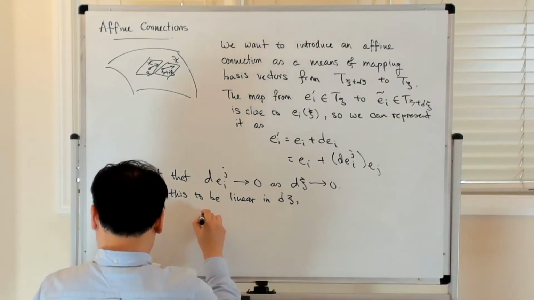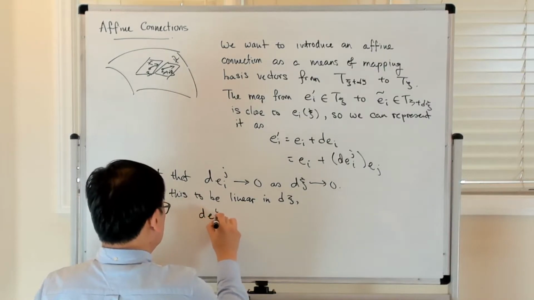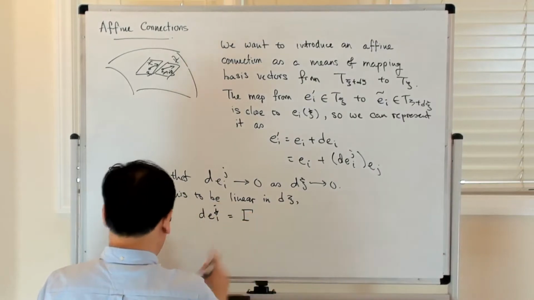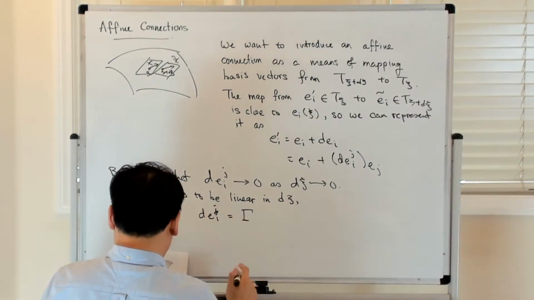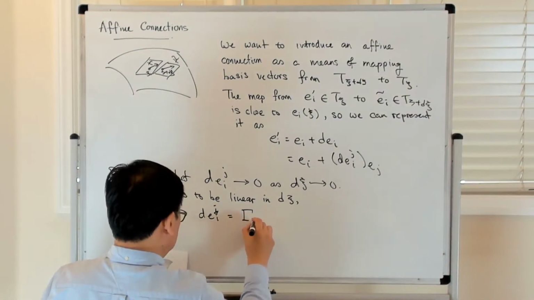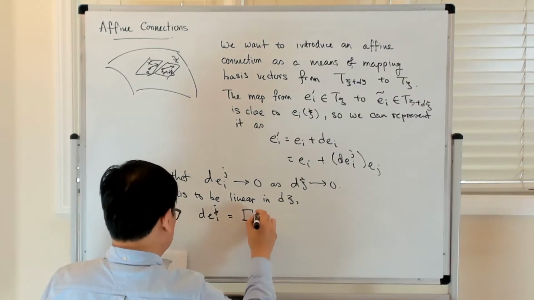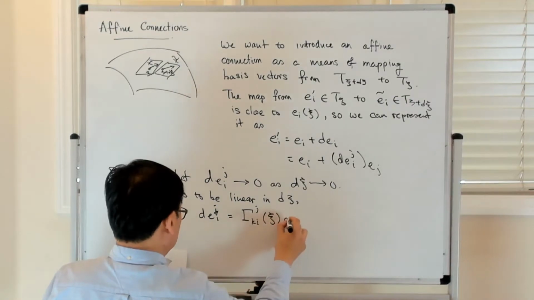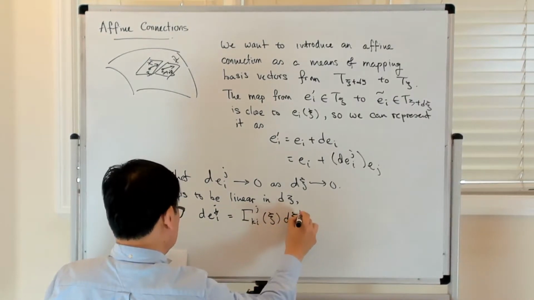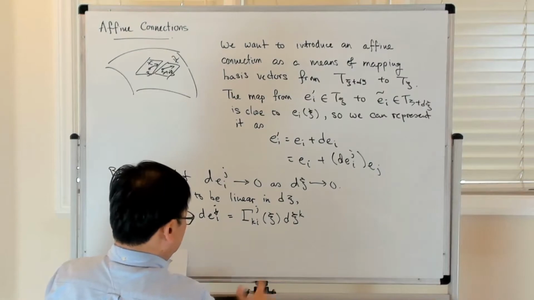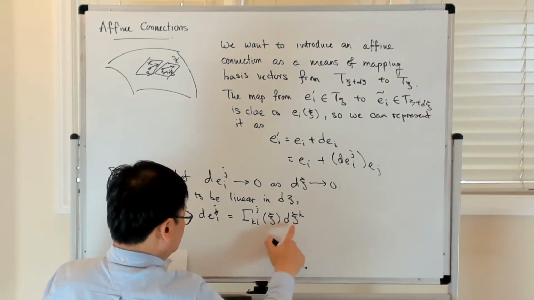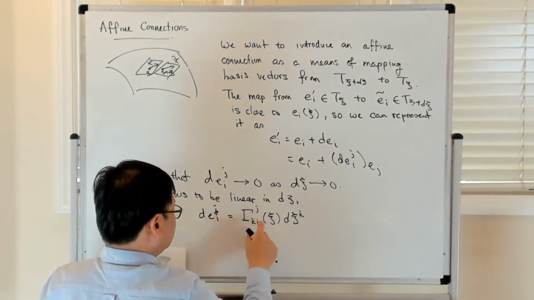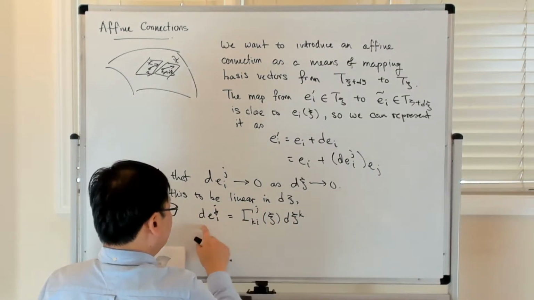So I can write d e_ij as what is going to be called a connection coefficient, gamma^k_ij, which depends on the point c, and dc^k. So it's going to contract over the components of dc, and then you just have an ij dependence, which is what we have here.